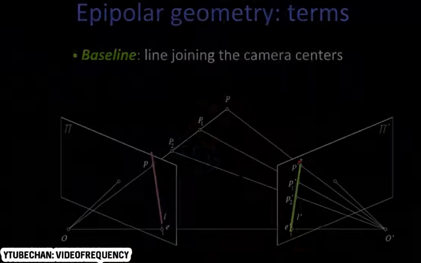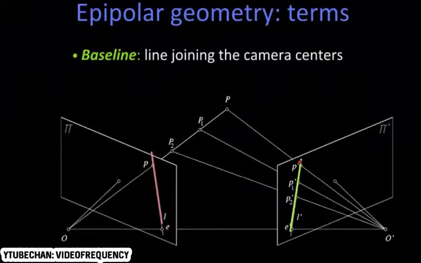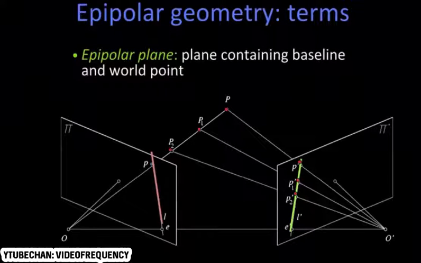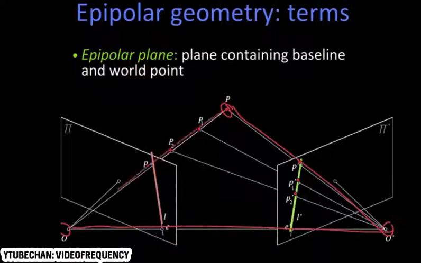In epipolar geometry, there are a variety of terms that we use all the time, and you should become familiar with them. First is the baseline, which is just the line or the ray in space that joins the two camera centers. The epipolar plane for a given point contains the baseline and that point. So this point and this camera center define a plane, and that's our epipolar plane for that point.